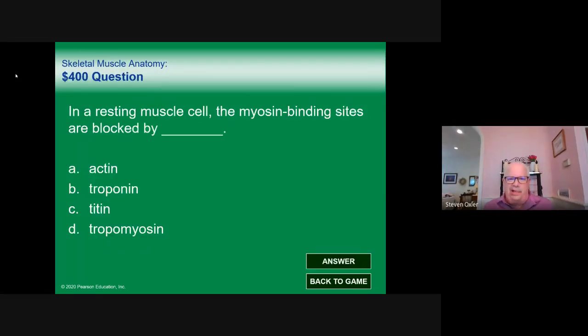In a resting muscle cell, the myosin binding sites are blocked by, the answer here is one of the regulating proteins. Okay? Tell me the two regulating proteins that are on this list.